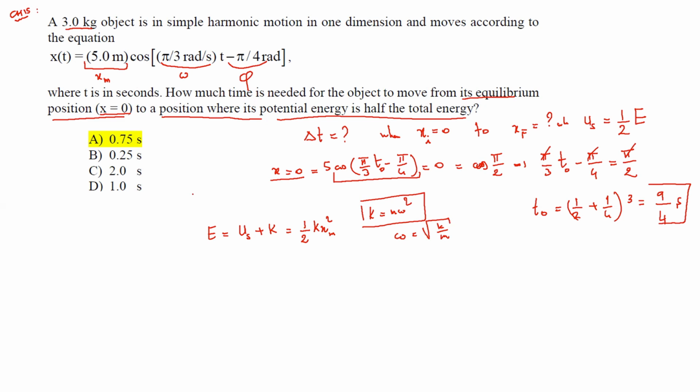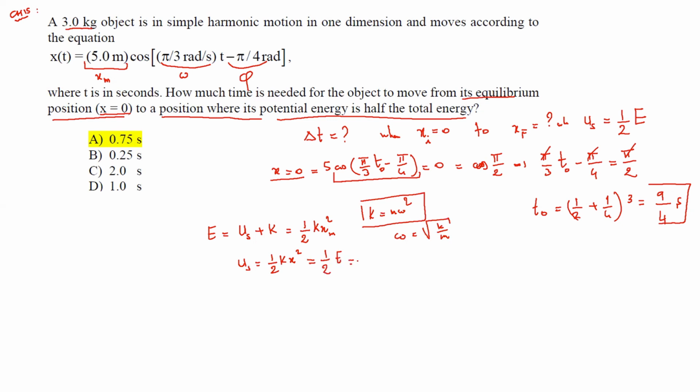Now, when I have U_S, the spring potential energy, it is half k x squared, x being here x final. This is U_S. And U_S is half the total mechanical energy.